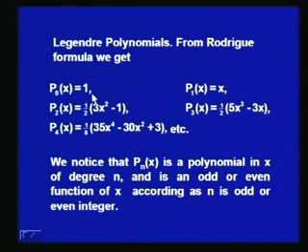We can see here that when n is odd, that is n is equal to 1 or 3, we have P_1(x) equal to x, which is an odd function, P_3(x) is equal to 1/2 (5x³ - 3x), which is again an odd function, and so on. P_5(x) also is an odd function, while P_0, P_2, P_4 are all even functions.